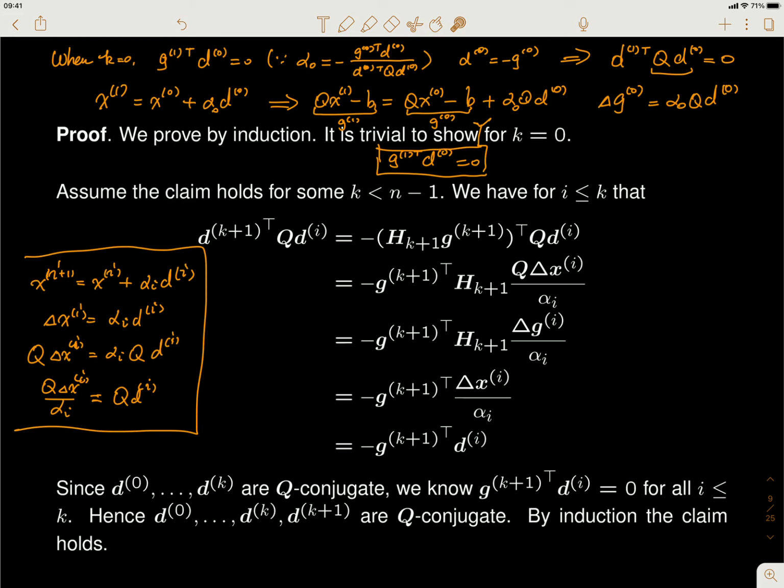And together with the property of this Hk, which converts this thing to delta xi, we can show that the dk plus 1 Q di is just this, and this is equal to 0. And this proves the claim, because the induction can continue to go on.